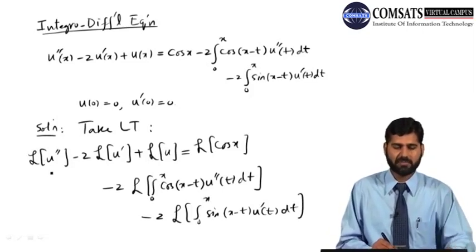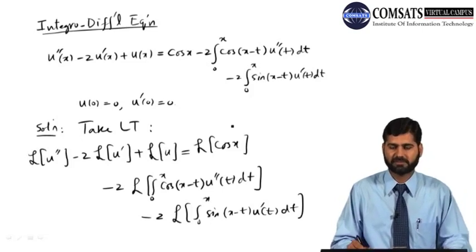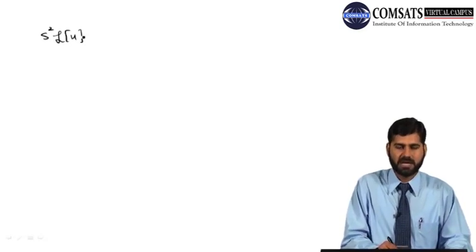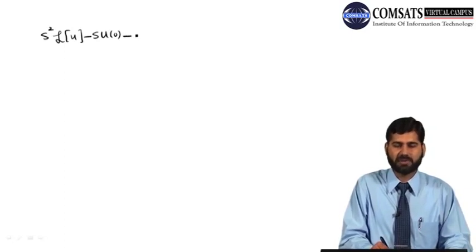Now, if you remember the formula, the Laplace transform of the second derivative was s squared times the Laplace transform of u, minus s times the value of u at 0, minus the value of u prime at 0.